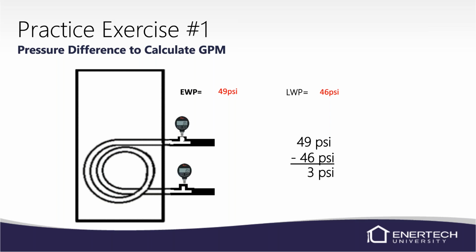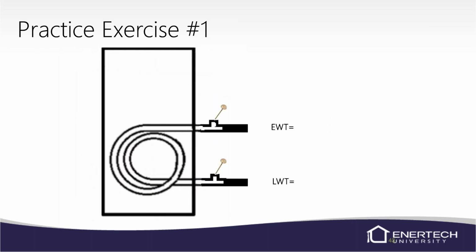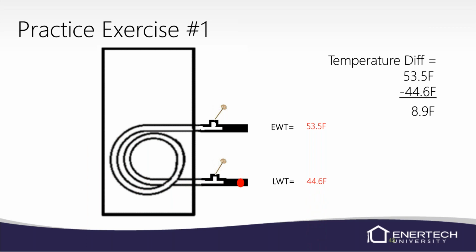So again, we have a 3 PSI pressure drop. That's not GPM. Next, we'll check our temperature, and we have 53.5 in and 44.6 out. We just do the math, and that gives us 8.9 degrees. Now, if we have 53 degrees in and 44 out, then we're in heating mode, because we're taking heat from that 53-degree water and collecting it in the refrigerant circuit.